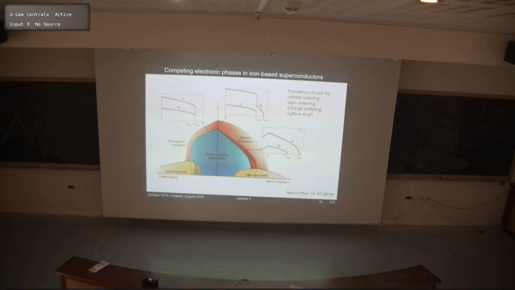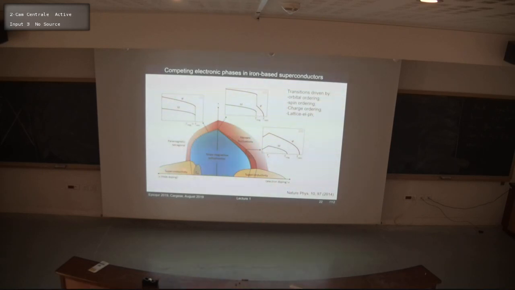This is the order parameter that I showed you earlier from the experiments associated with this anisotropy, the nematic order parameter, and how it follows the magnetization of the system. On the hole-doped side, it seems like the nematic and the magnetic order parameters are much more closely correlated.